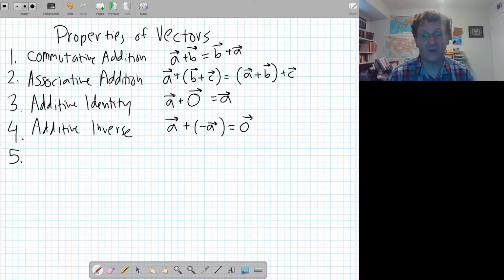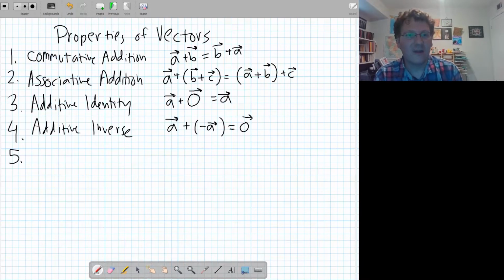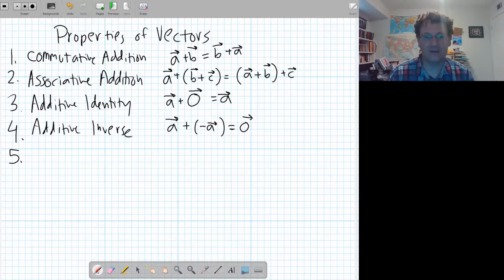In fact, what you will realize is that real numbers are actually just vectors in one dimension. They're one-dimensional vectors, but we just call them scalars. But all of these things that are true of vectors, when you collapse the dimensions down from two or three dimensions to one dimension, the properties still apply. And these are properties that we're already familiar with.